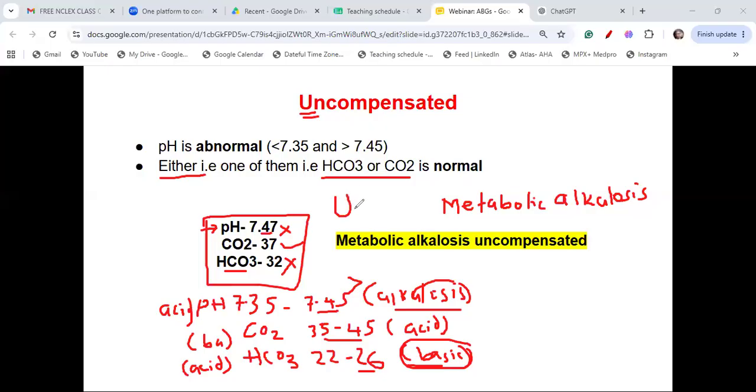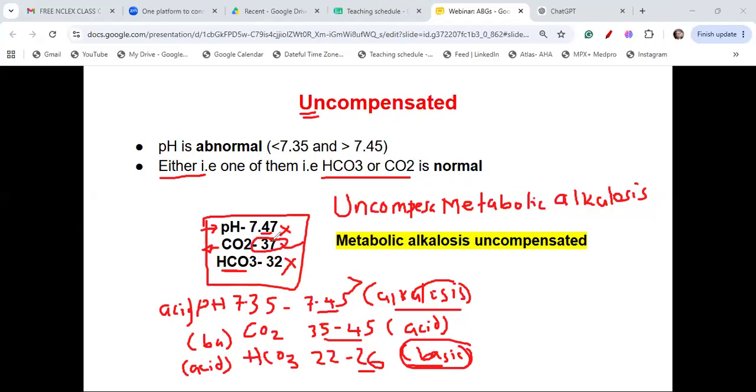So this one satisfies the name uncompensated. Nothing has started working on this. Uncompensated metabolic alkalosis. So the CO2, that is the lungs, they are yet to start compensating for this. Okay? When they start working to compensate, we'll find that the CO2 becomes abnormal as well.